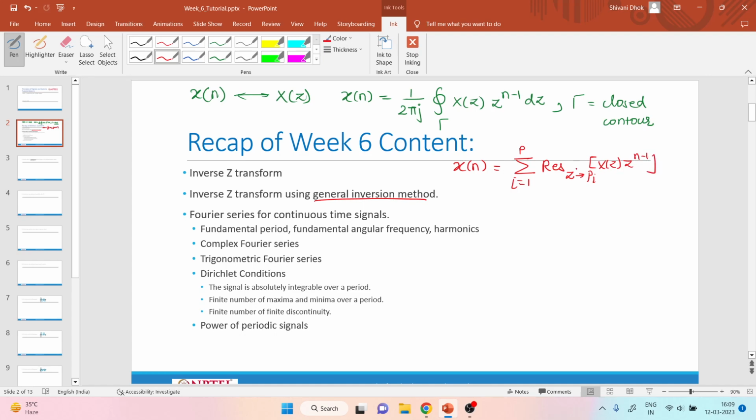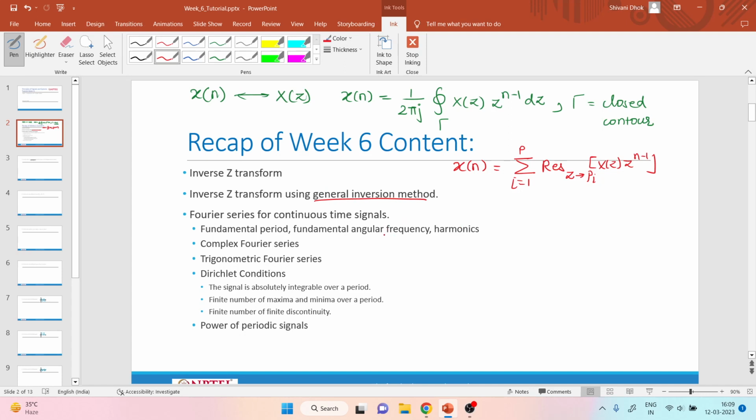The definitions of the residue for a simple pole and a pole with multiplicity were also discussed. We'll look at one simple example of this. We'll solve the same question which we had solved using the power series method and the other standard method that we are generally using.